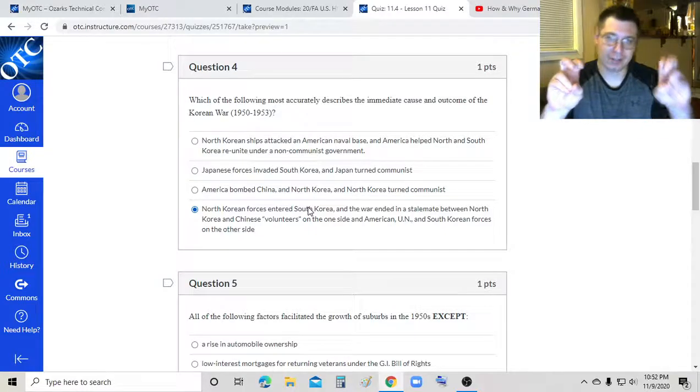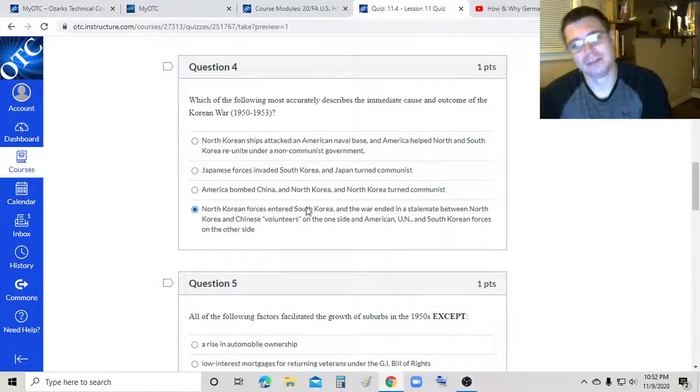I say volunteers because historians have a pretty strong consensus that the actual Chinese government was helping these volunteers with artillery and rifles and ammunition and whatnot. So you had them on the one side, and American, UN, and South Korean forces on the other side.